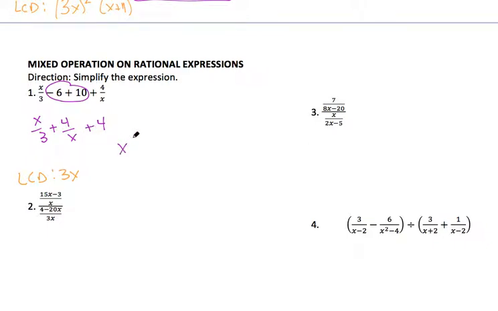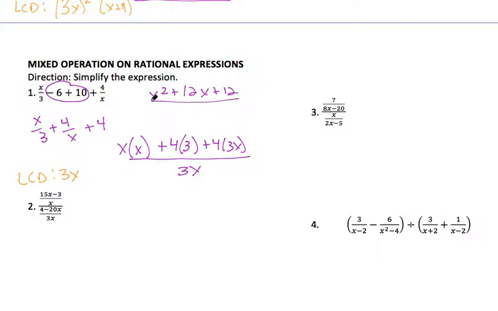So x times x plus 4 times 3 plus 4 times 3x all over 3x. You'd simplify and your final answer is x squared plus 12x plus 12 over 3x.